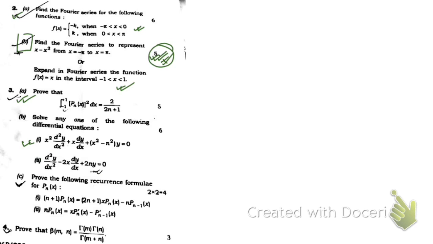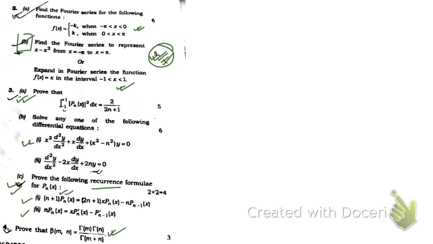Let me tell you what questions from this page I have already solved. Question number 3c, I have already proved all the recurrence formulae of Legendre polynomial Pn of x. Here we only need to prove 2, and I have already proved all 6 formulae. The link is in the description box. I have also proved this one in the beta and gamma function series.